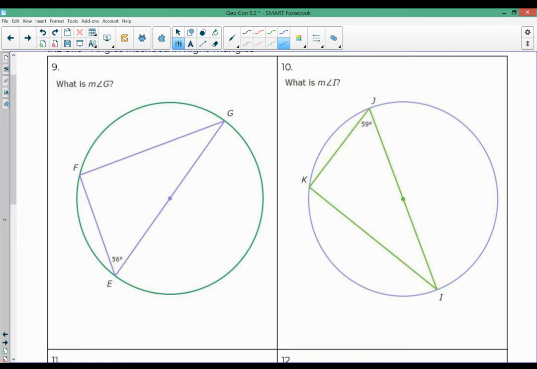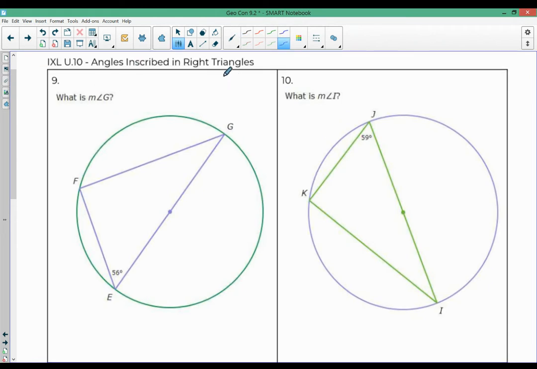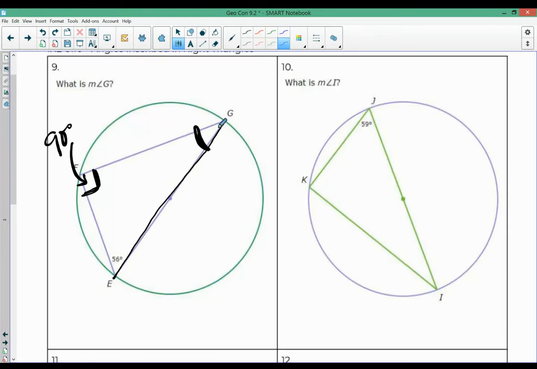So when we look at this, again, U10, angles inscribed in right triangles. EG is a diameter, so that means this is a right angle. And we know that a right angle is 90 degrees. So if we're looking for angle G, all of this has to add up to 180 degrees because it's a triangle.